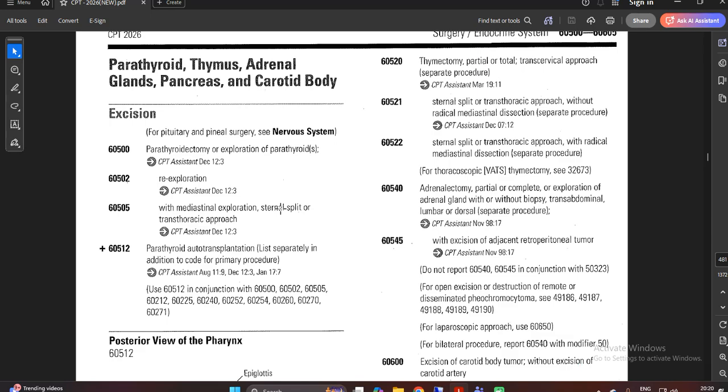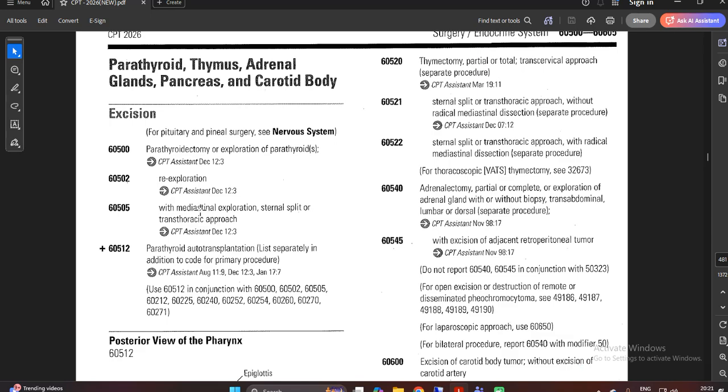We have 4 parathyroid glands. If the patient has removal of those parathyroid glands, 60500. If the patient has re-exploration of the parathyroid glands, 60502. So this is basically initial examination of the parathyroid gland. This is the second time examination of the parathyroid gland.